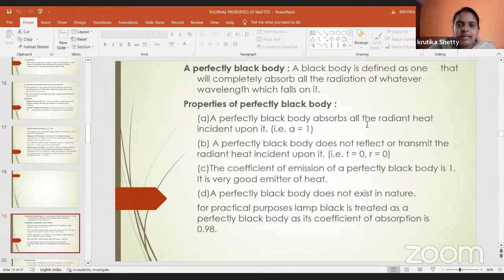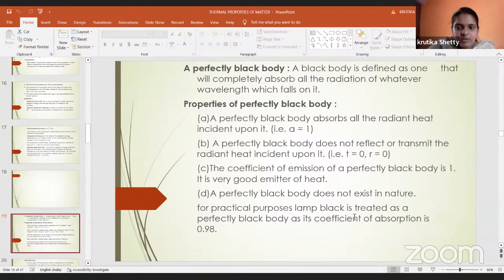A perfectly black body absorbs all the radiations incident on it. A perfect black body does not reflect or transmit radiant heat incident upon it. The coefficient of emission of a perfect black body is high, it is a very good emitter of heat. A perfect black body does not exist in nature.